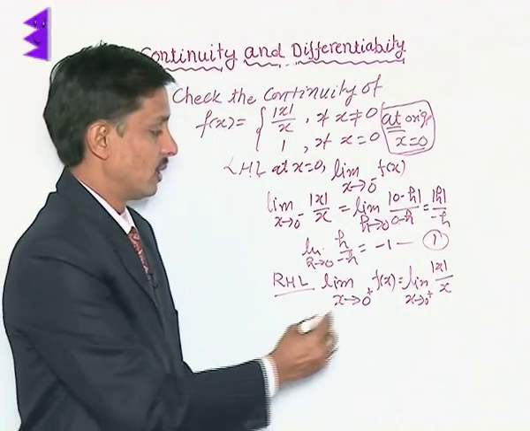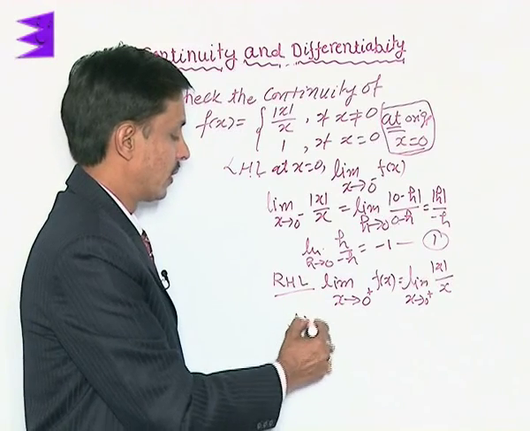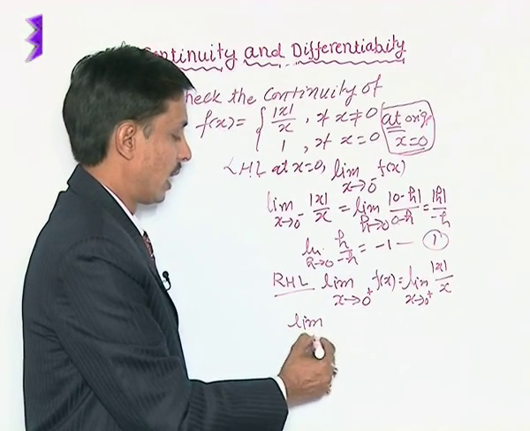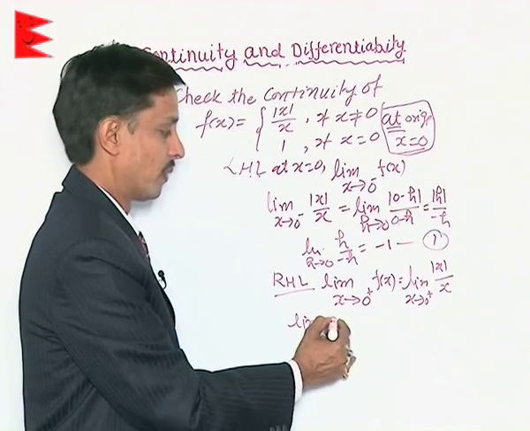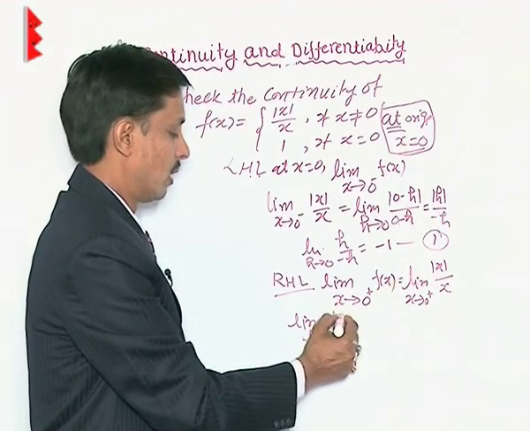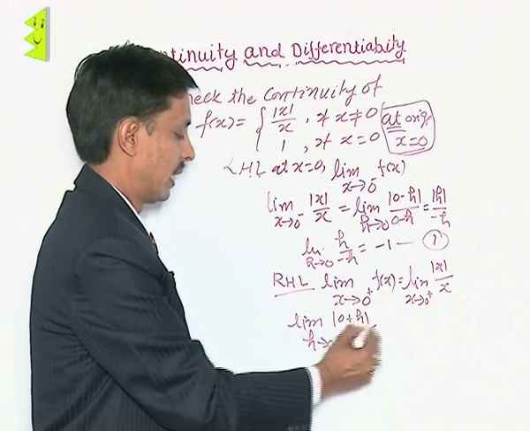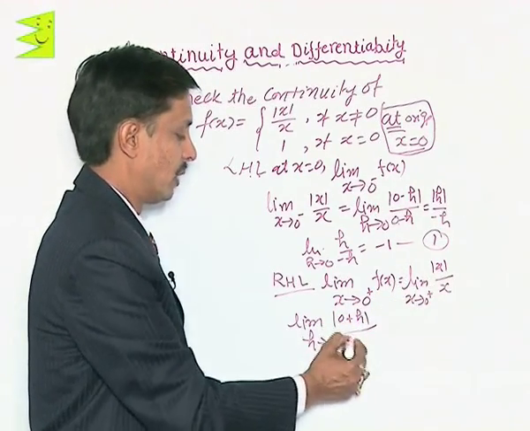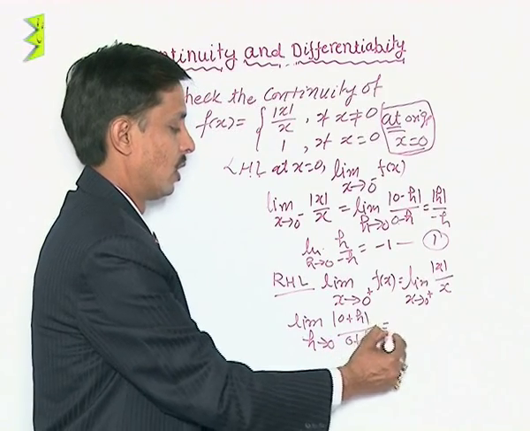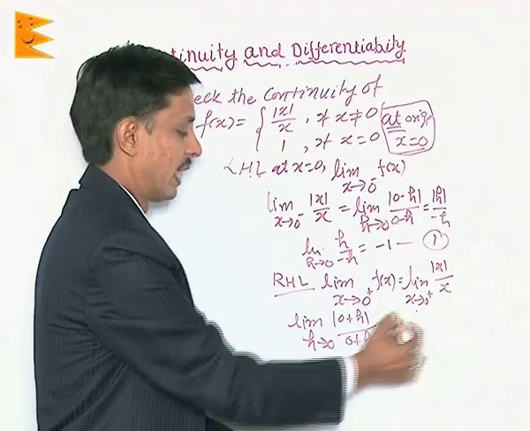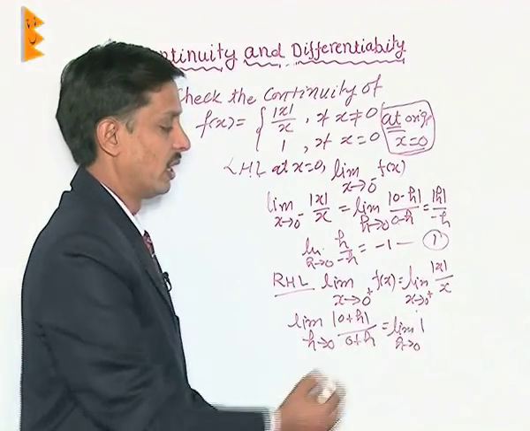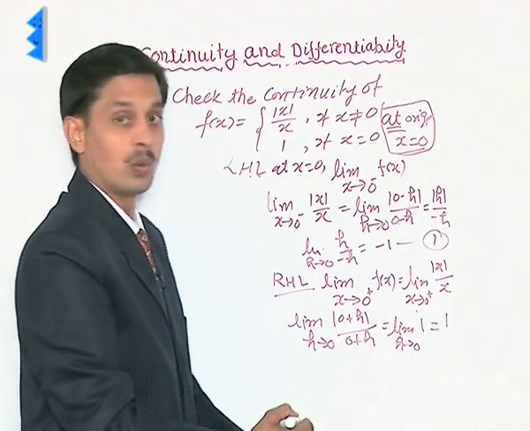As per the condition, this reduces to limit h tending to 0, and this mod x will be replaced by 0 plus h, and this x will be replaced by 0 plus h, which gives us limit h tending to 0 |h|/h, that is what? 1. So we will say the answer is 1.